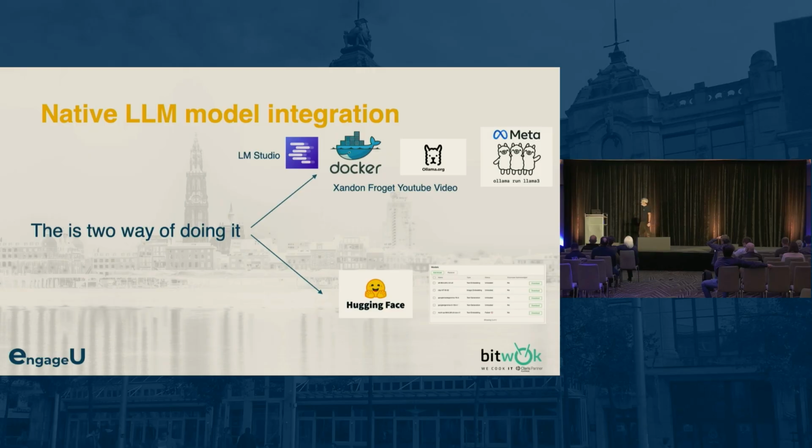For the first one, there is a video by Shandon Froggett that I found very good, using LM Studio. With LM Studio, you can directly download your model and try it. You can Dockerize it on your computer if you want, and with Ollama you can download models.